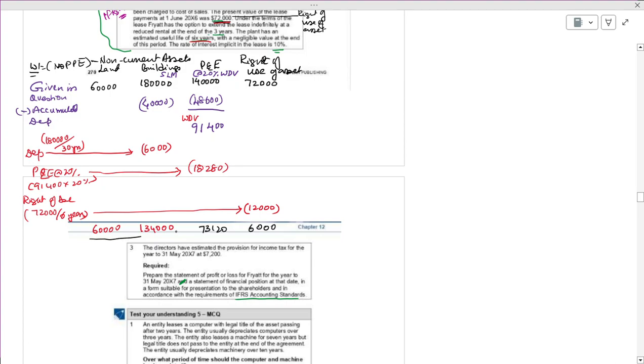Okay, this is the total property, plant and equipment, including this, the closing value. This is the closing balance.